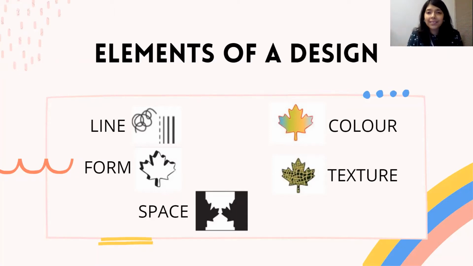Coming to space, we all know what space is, right? Opposite of solid is space, as simple as that. But positive space, negative space. What is positive space? Positive space is the space that we fill by using plant materials. And what is negative space?